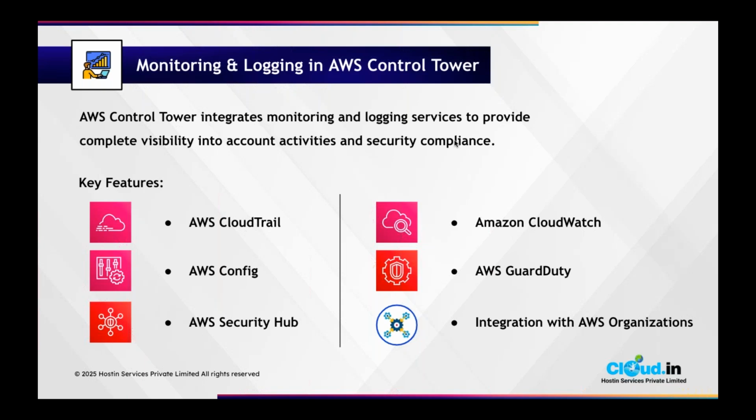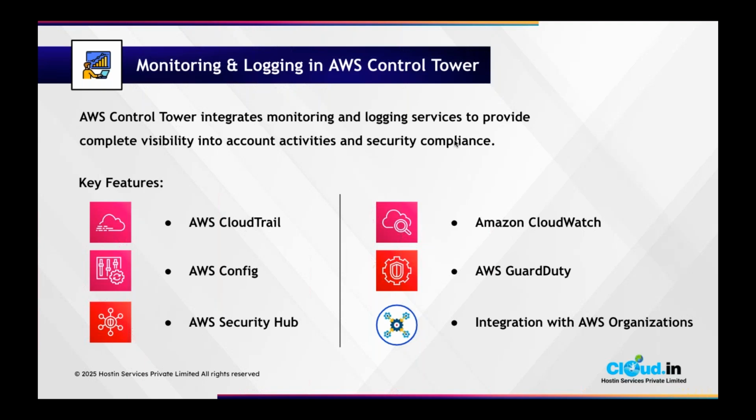And how many of you have faced issues while tracking security events across these accounts? This is exactly where monitoring and logging in AWS Control Tower is so important. If we don't have proper monitoring, we have no visibility into what's going on, right? With AWS Control Tower, we get a centralized, automated approach to tracking everything.